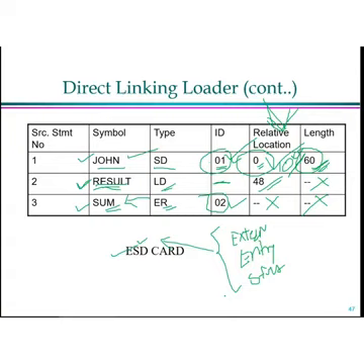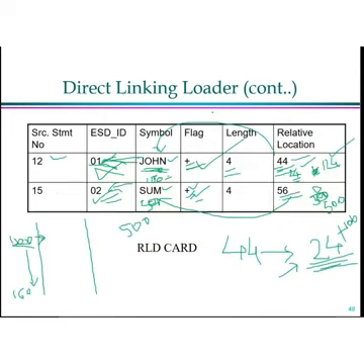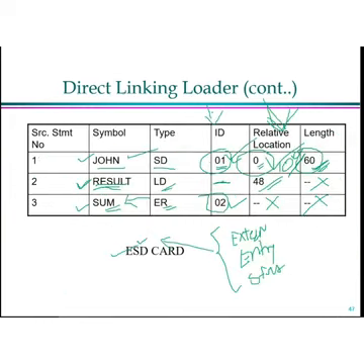So when I'll start the design of direct linking loader, you will understand the meaning of this ID, maintaining these IDs. Okay? It's just for understanding fetching. Yes, ma'am, to combine both the tables like RLD and ESD. But we can also use symbol for that. Yeah, you can use symbol for that, no issues.